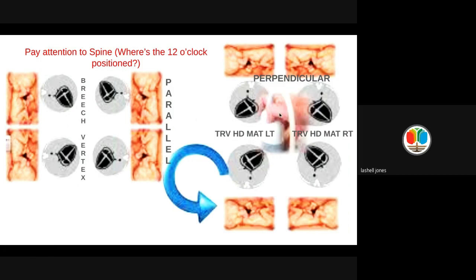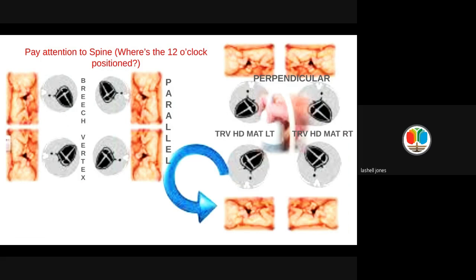In your perpendicular lie, whether the head is on the left side versus the right, whether the spine is up or down, you see where the spines are located for your perpendicular lie. Remember, your perpendicular lie is across. It's creating the T with the mother's spine. So it's running across the belly.